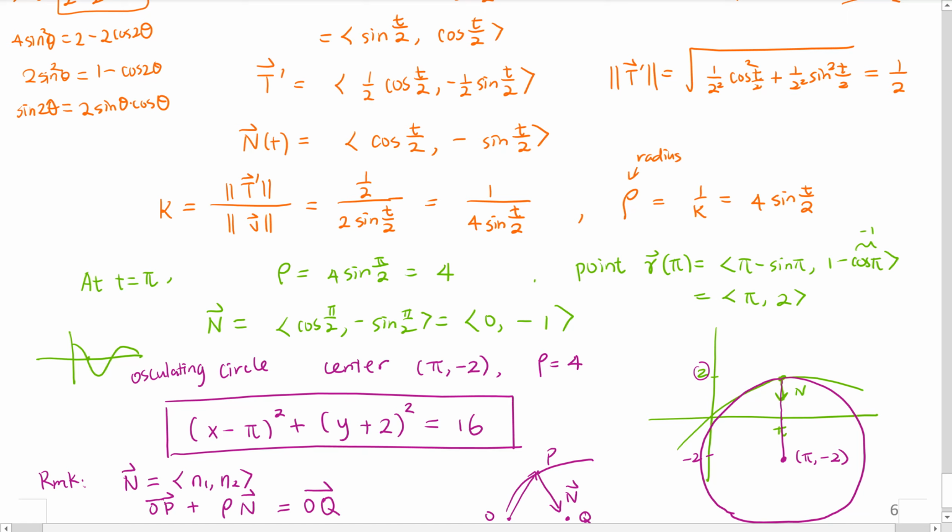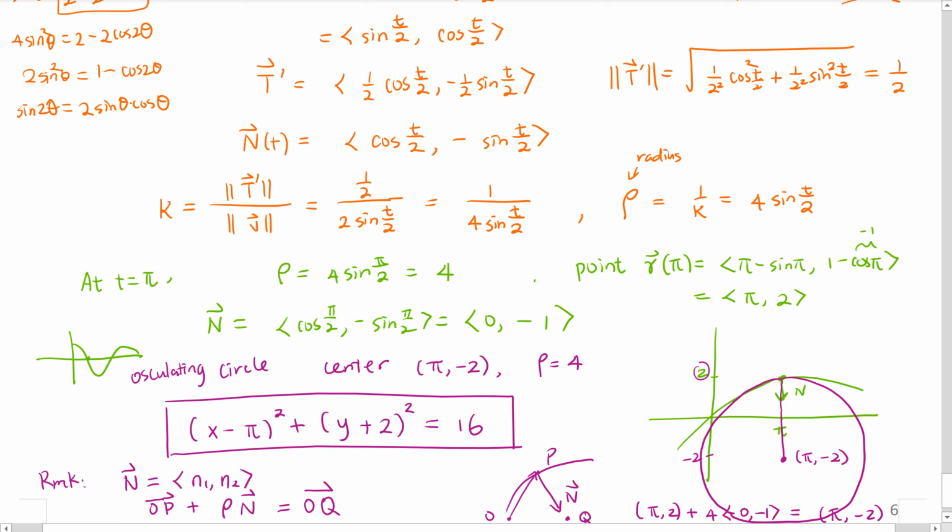Okay, and you can check here in our example. Our point P is pi, 2, and then plus rho, which is 4, times 0, minus 1. You can see the x coordinate won't change, so it's still pi, but the y coordinate is 2 plus 4 times minus 1, which is the same as 2 minus 4, so we get minus 2.